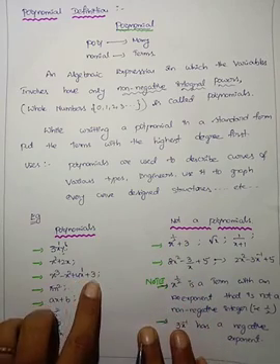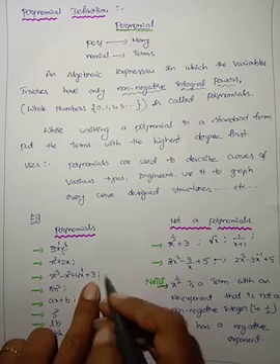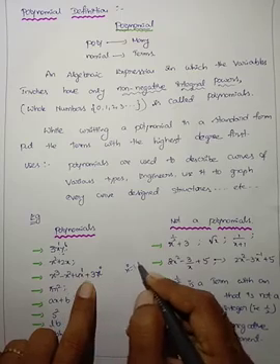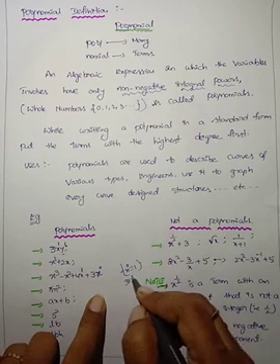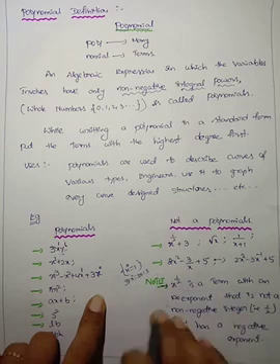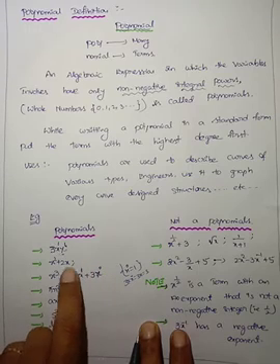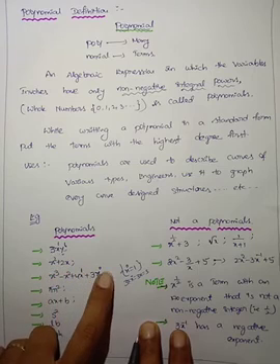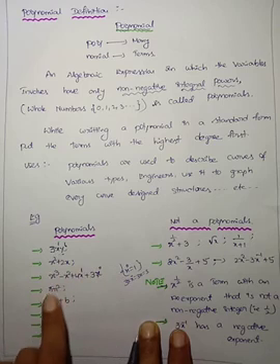What is the power of the constant term? 3 means 3 into x power 0, and x power 0 is equal to 1, so 3 into 1 is 3. The constant's power is 0. All these numbers 0, 1, 2, 3 are whole numbers, so this expression is also a polynomial.